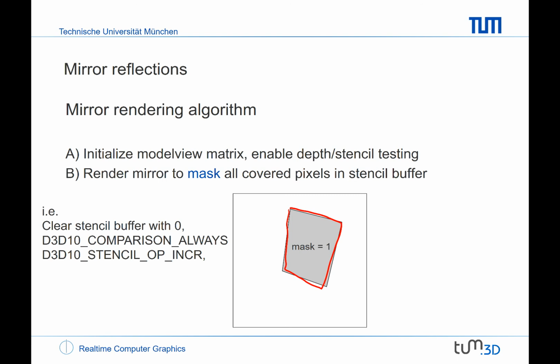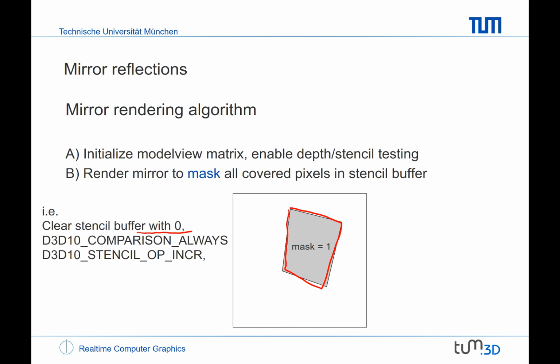How can we do that? We just clear the stencil buffer initially so that all the values are 0. This is just one call or one initialization step. We create that stencil buffer and let all the values be set to 0. And then we can again control what kind of operations in the stencil buffer stage are carried out.